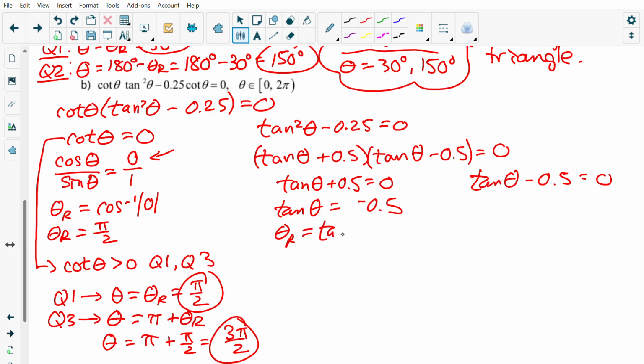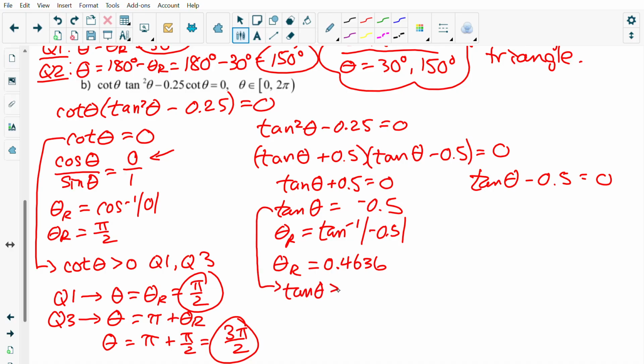The reference angle equals the inverse tangent of the absolute value of negative 0.5. For this one I'll use a calculator, and we'll go to the nearest ten-thousandth, so 0.4636.